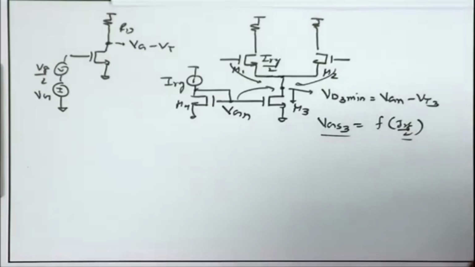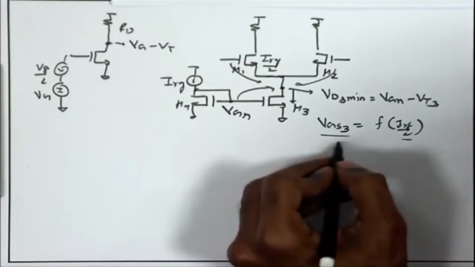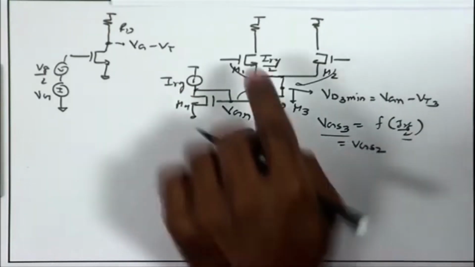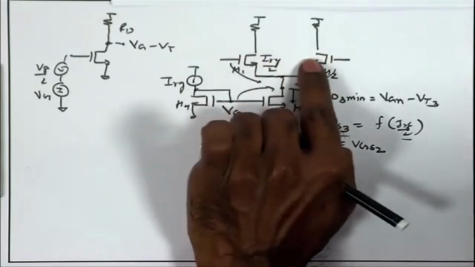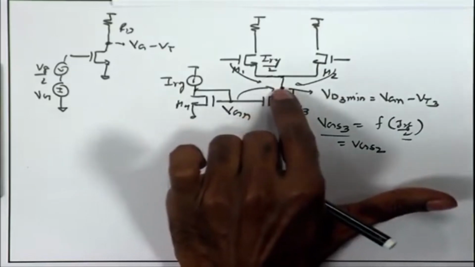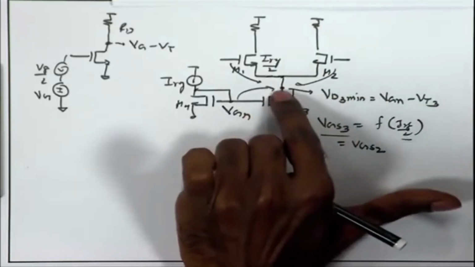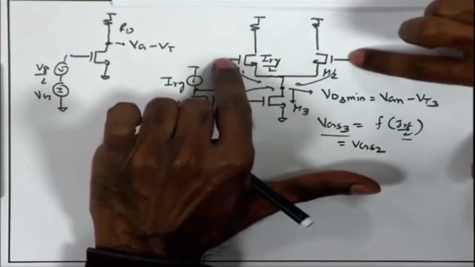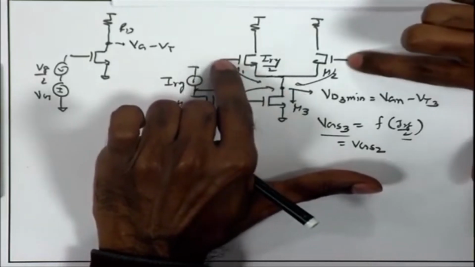So, I can obtain VGS3 as well as VGS2, both of them are equal as long as the two devices are well matched. And then for a given minimum VD3, we can say what is going to be the minimum gate voltage that you can have over here.